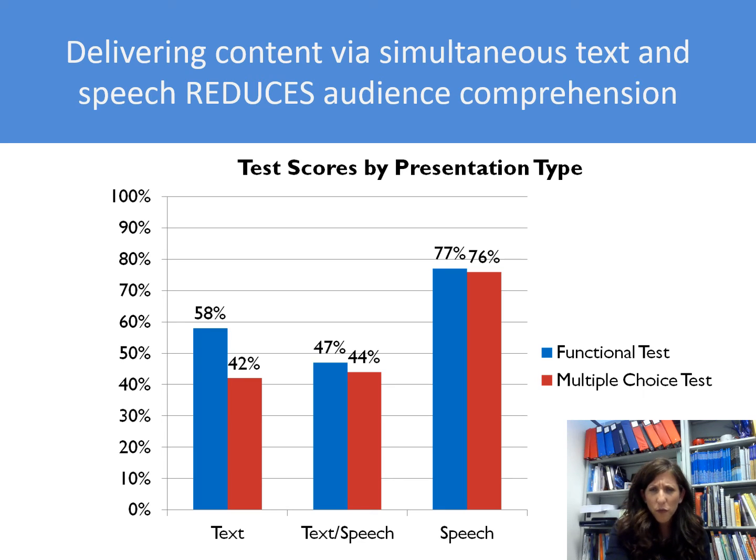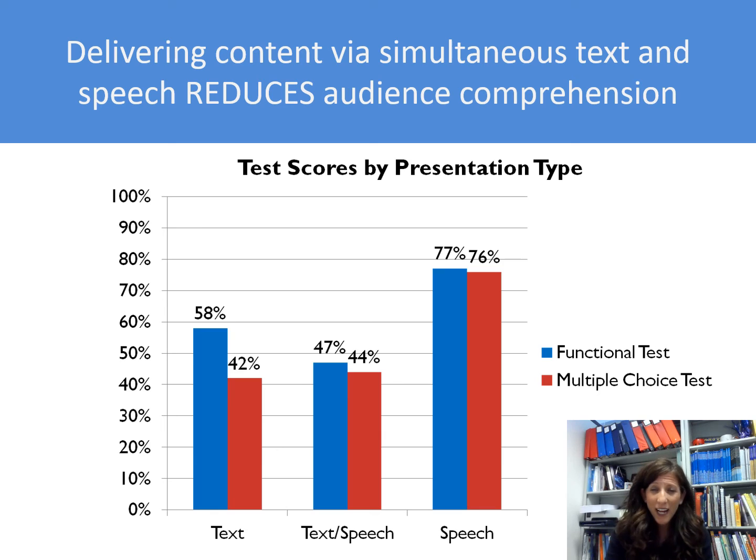The blue and the red lines represent two different tests. The blue test was a functional test, which basically means the students had to actually go out and work on the transmission and actually fix it. The multiple choice test, well, you guys know what that is, right? But we can see, when students had to both listen and read about the transmissions, they did not fare that well on the exams, right?